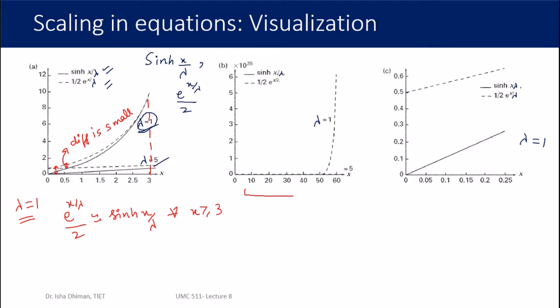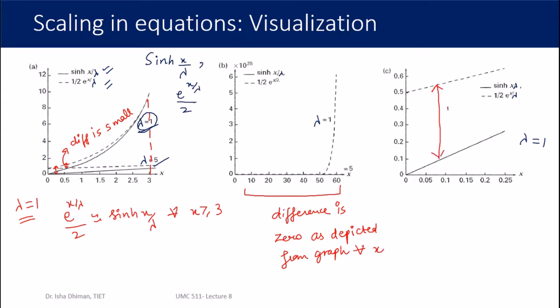But if you look at this graph, the difference is almost 0, because you cannot distinguish the two curves, which one is sine hyperbolic and which one is exponential. So as depicted in this graph, the difference appears to be 0 between sine hyperbolic and the exponential curve. But if you look at the third graph, the difference is huge between the two curves, the dotted line and the solid line.